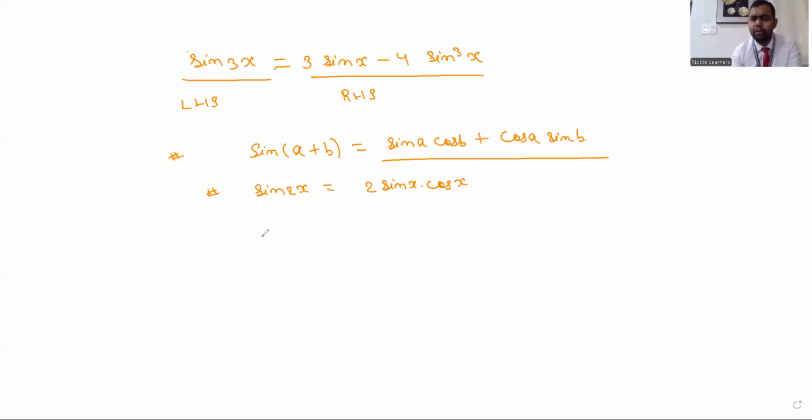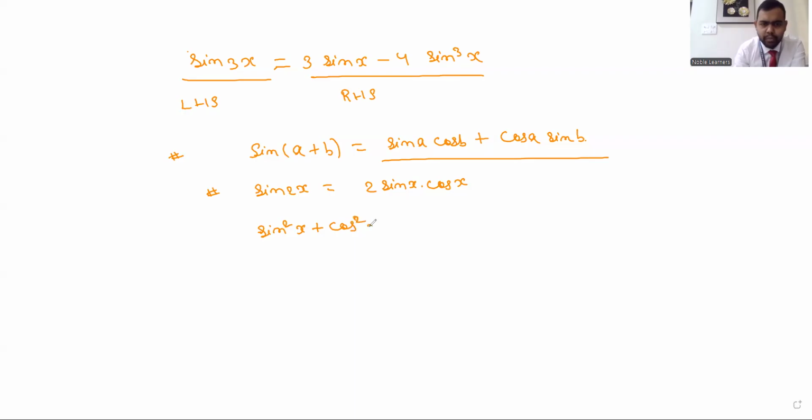There are a few more formulas which are important in order to solve this unit, and may be used in this question as well. There is one identity: sine square x plus cosine square x is equal to 1.